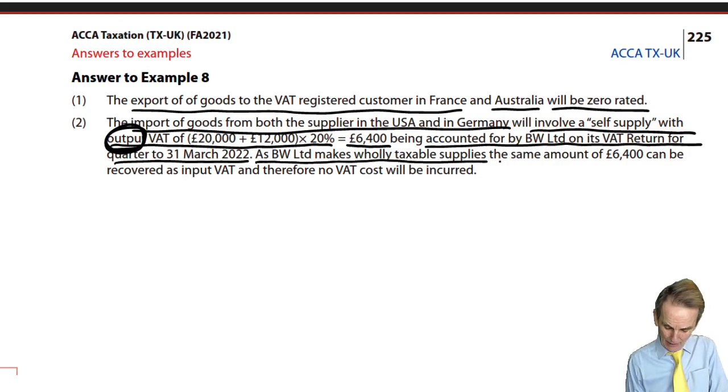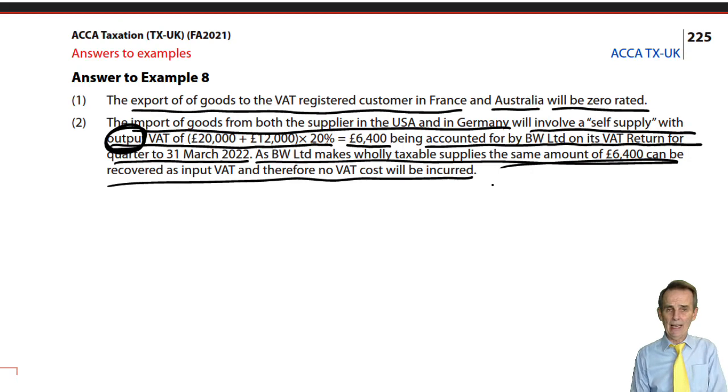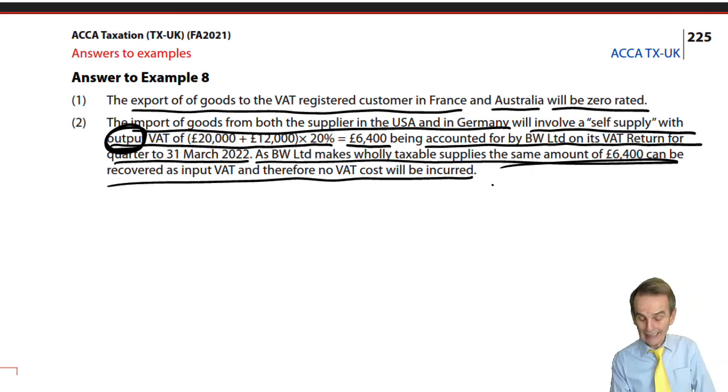As BW Limited makes wholly taxable supplies, then the same amount of 6,400 can be recovered as input VAT, and therefore no VAT cost will be incurred. Now, the vast majority of businesses are going to be making taxable supplies. Whether they are standard or 0 rated, it doesn't make any difference, they're making taxable supplies. In which case, the system that we operate, this reverse charge system, means that in VAT terms, there is nil net cost.